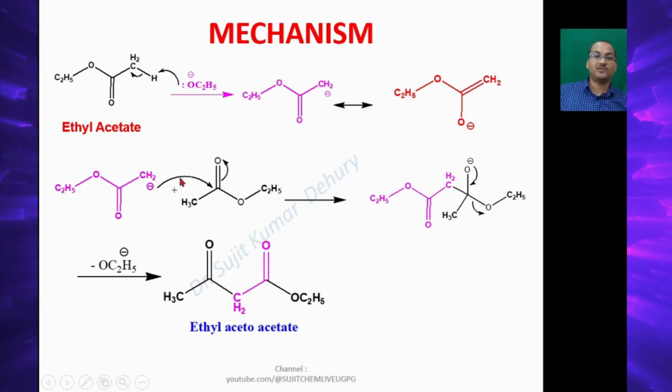So CH2 minus will attack this carbonyl carbon, and the C double bond O will break on oxygen. As a result, you end up with this oxyanion. When this O minus comes back, it will kick out C2H5O minus. So loss of this C2H5O minus gives rise to the product ethyl acetoacetate.